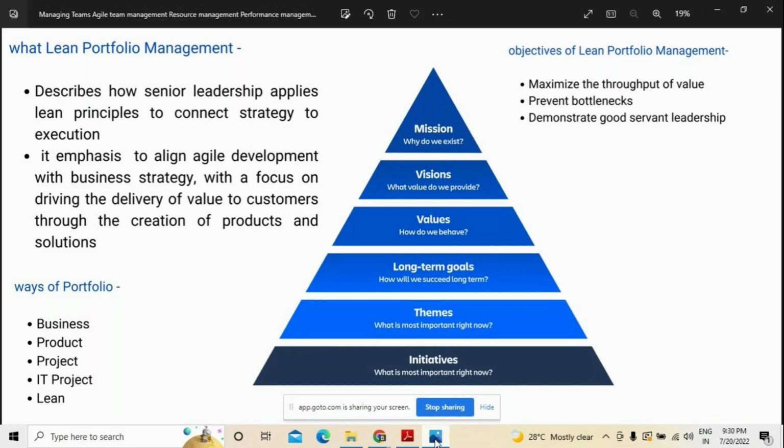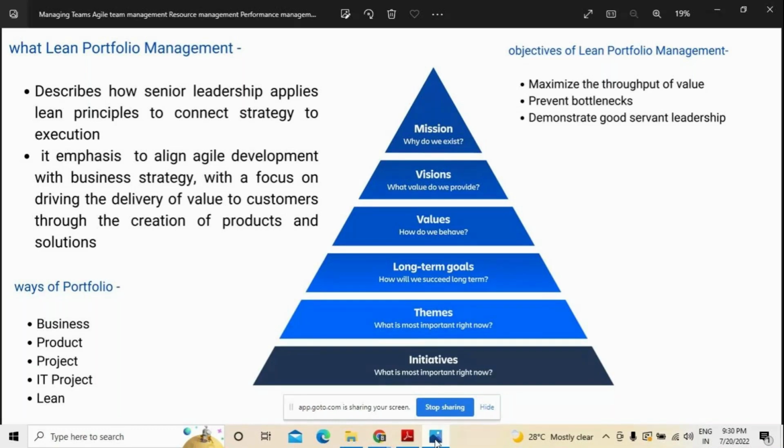This is what theme stands for, right? So theme is something essentially needed relating to this. How is it important, what is the most important thing which we have identified now, and how to implement those themes? Those are essentially required when we want to implement this.